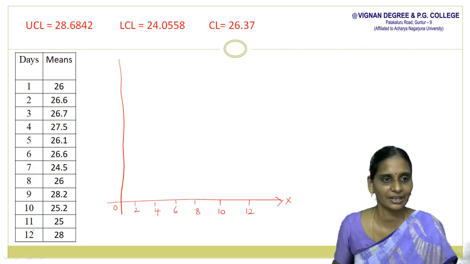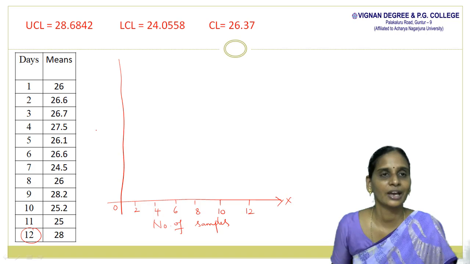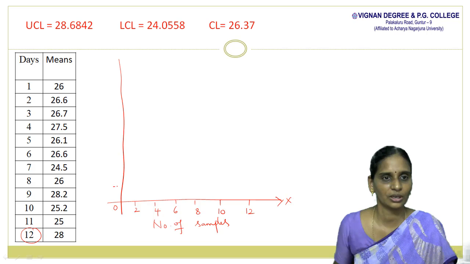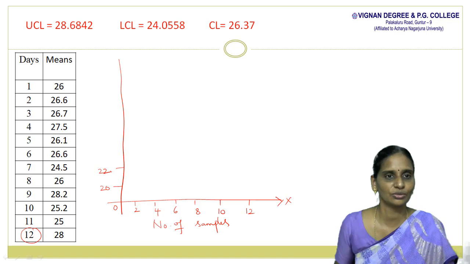Here we are given 12 samples, so the number of samples is 12. And on the y-axis, we have to choose the scale, so here we take 20, 22, 24, 26, 28, 30. The y-axis represents mean values, that is X bar values.